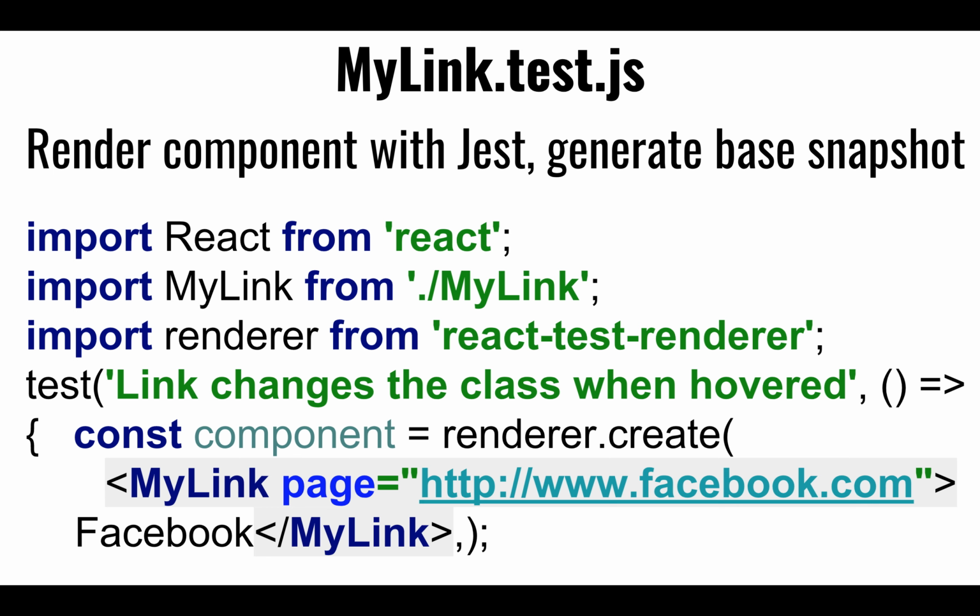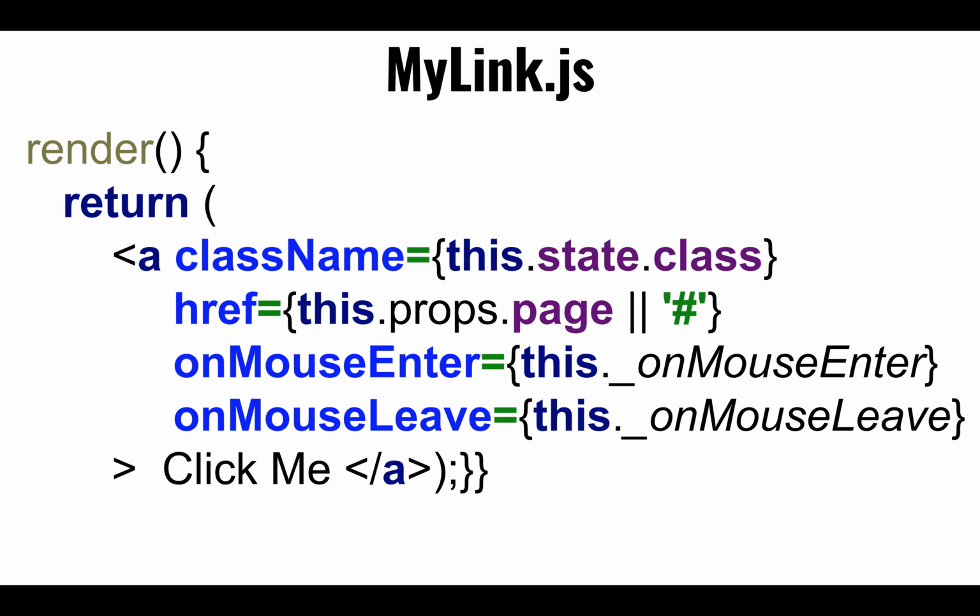So in particular, this particular link has 3 states. The first one, where class name is normal when it first renders, that's the first state. Then, as you move your mouse over, it's going to change to a different state. So it will have a different rendering, where now the class name will have changed to hovered.